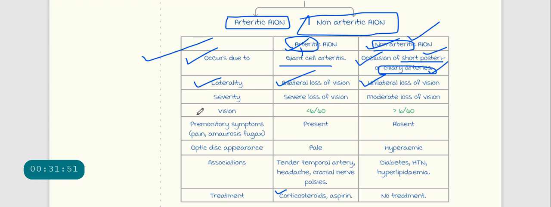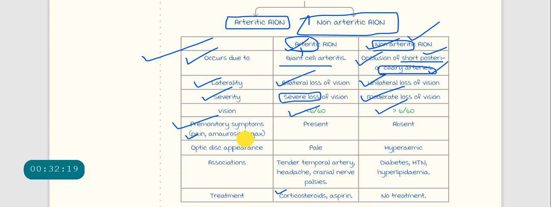The vision is less than 6/60 in one, and more than 6/60 in the other. Premonitory symptoms like pain and fever are present over here and absent over here. Very important. Okay, so these points are very important.